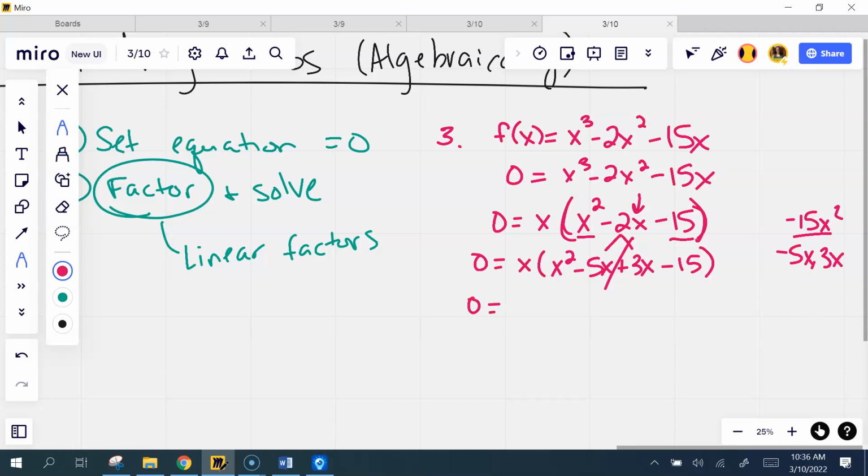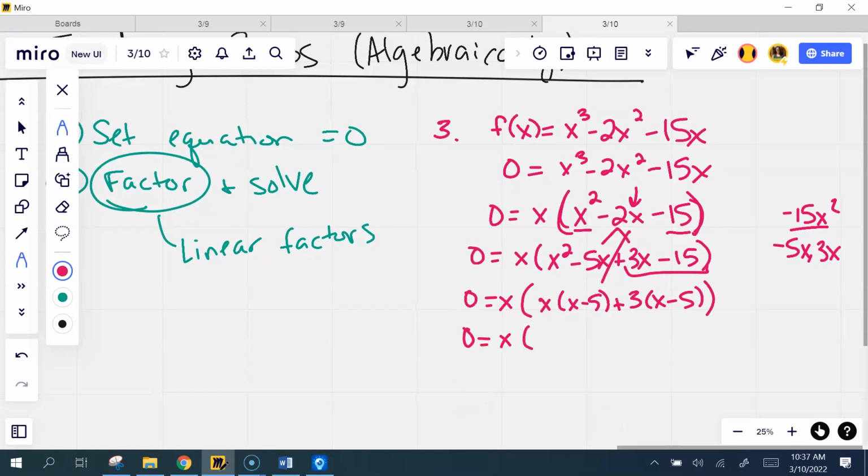So I have 0 equals x times, what can I take out of x squared and 5x? X. It leaves me with what? That is correct. I take the middle sign. What can I take out of 3x and 15? 3, and I have left with x minus 5.